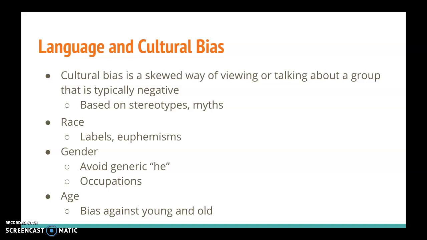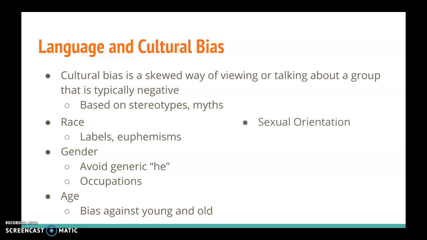Even the term elderly, for example, has some negative connotations, right? The word elderly refers to people over the age of 65, but it has these connotations of weakness or frailty, right? Whereas if we were to use the words older people instead, it doesn't really have those same negative connotations. So again, we're just checking our biases here.